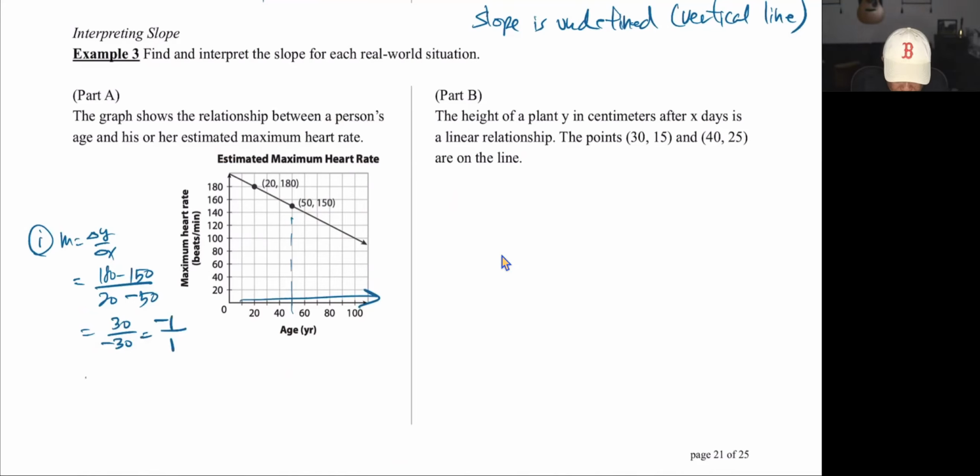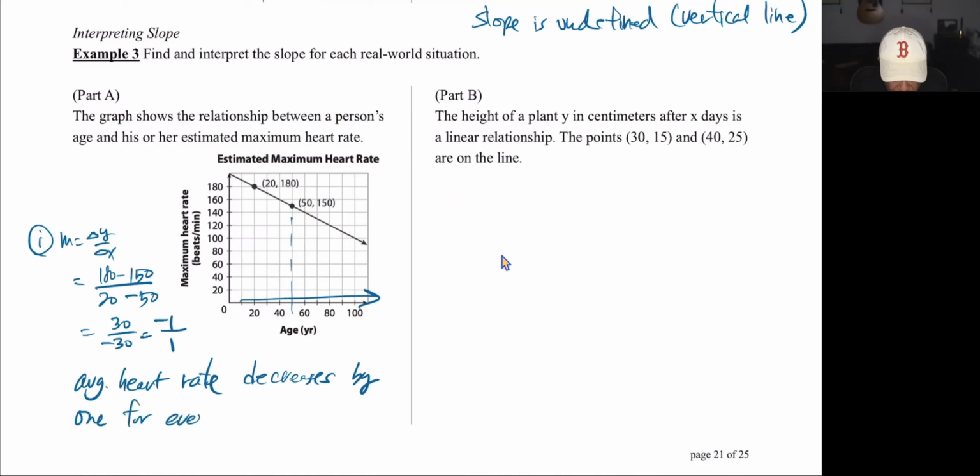The slope is called average heart rate decreases by 1 for every year that you get older.